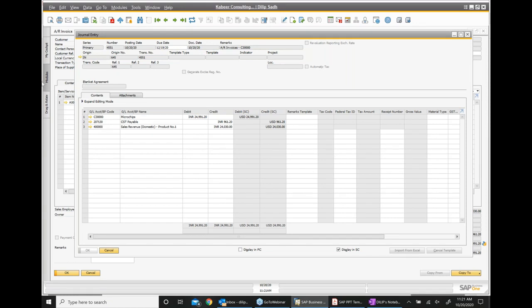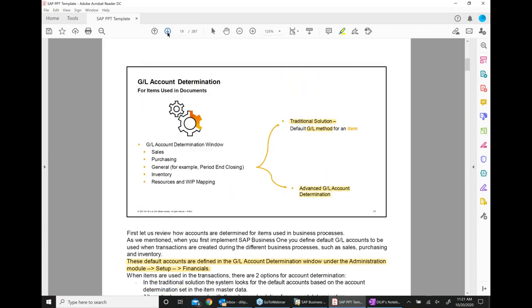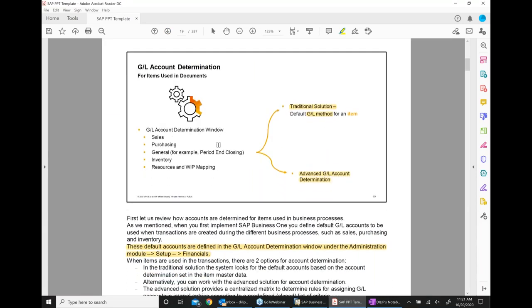So that is what we are talking about here. How does account determination happen? It's a very, very simple process.